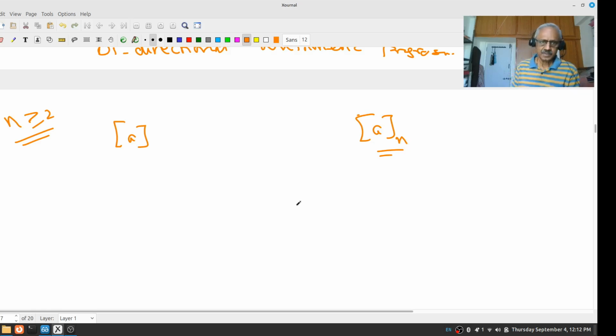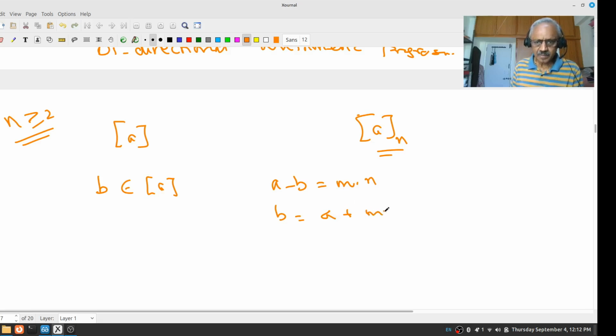Now suppose B is in A, we already saw what it means. That means A minus B must be a multiple of n. That means B must also be A plus mn.